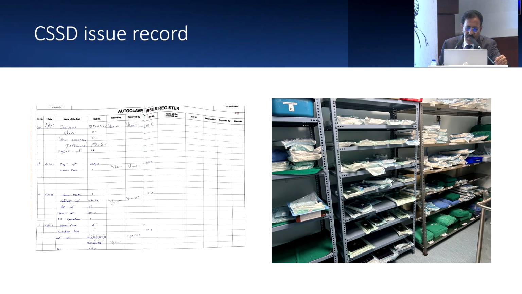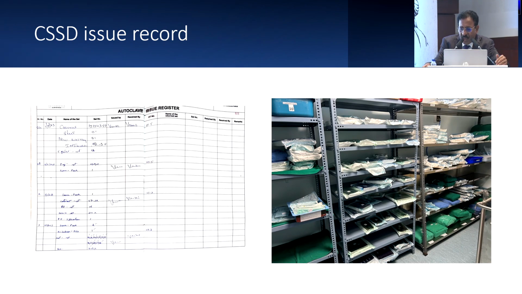And if you are going to store the autoclaved items, it is ideal to have a proper sterile storage area. It has to be well lit, the temperature has to be maintained, the surface has to be clear, it should not be dusty, it should not be humid. All these parameters have to be monitored if you are going to store.